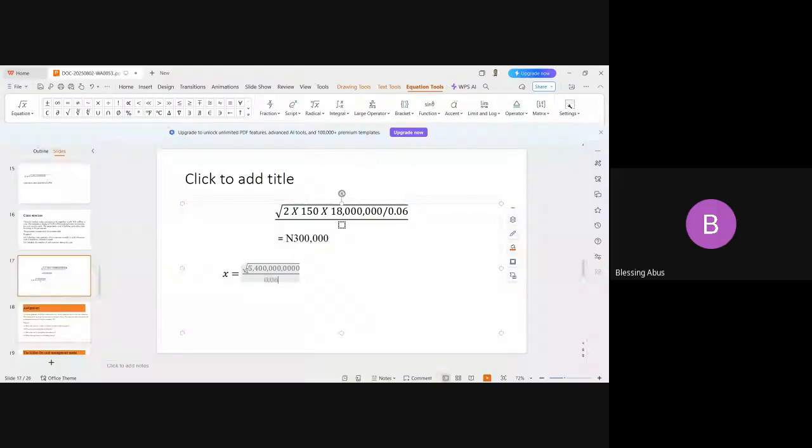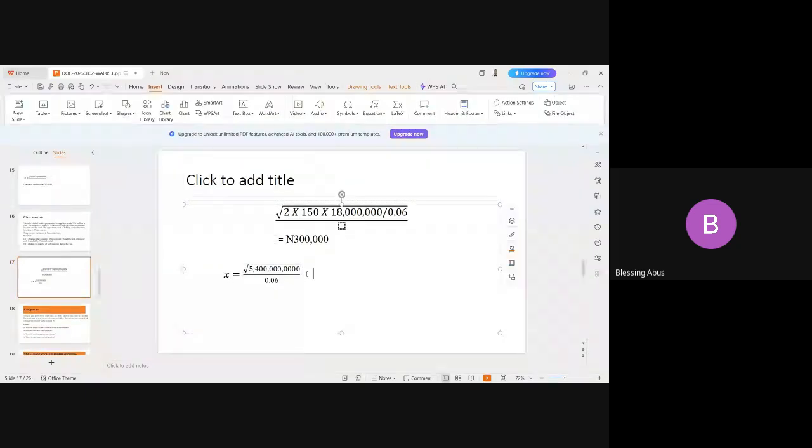So once you do this, when you divide 5 billion 400 million by 0.06, what will you have? 90 billion.